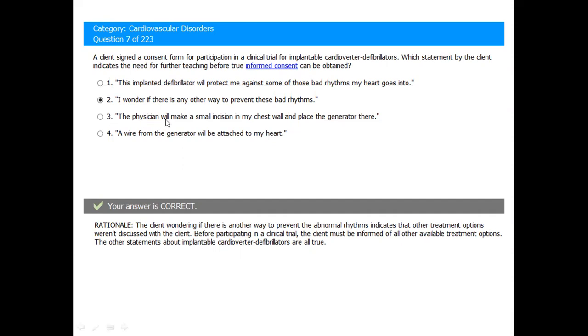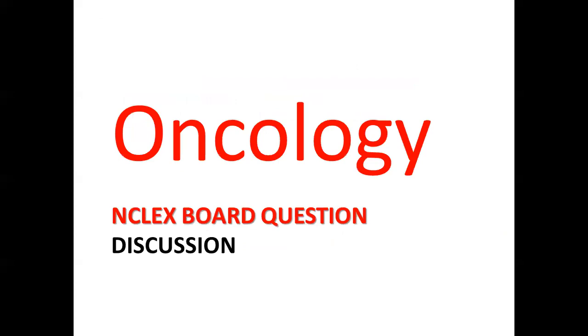The physician will make a small incision in my chest over the heart and will place a device that can help to produce the impulse and make the abnormal rhythm a normal rhythm. A wire from the generator will be attached to my heart. So why is this needed? When your SA node does not produce the impulse, or the impulse is produced from any other site except the SA node, right?